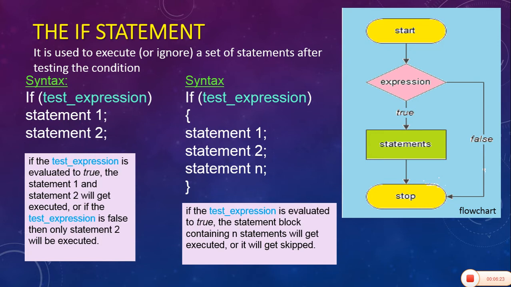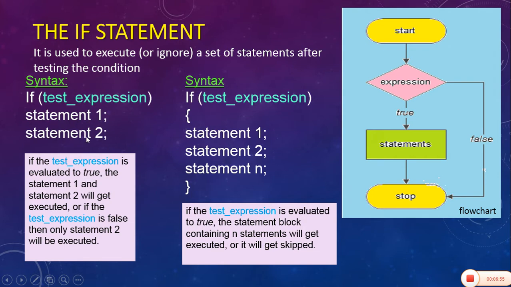These statements may be a block of statements; this flow chart is based on this syntax. So in the case of true, all the n number of statements will be executed and then the program will come to an end. But if the condition is false, then the block of statements will be ignored.